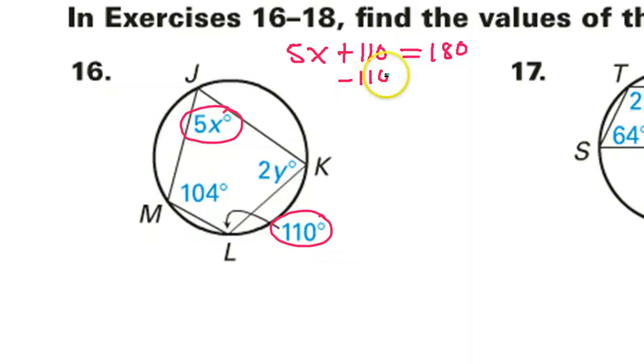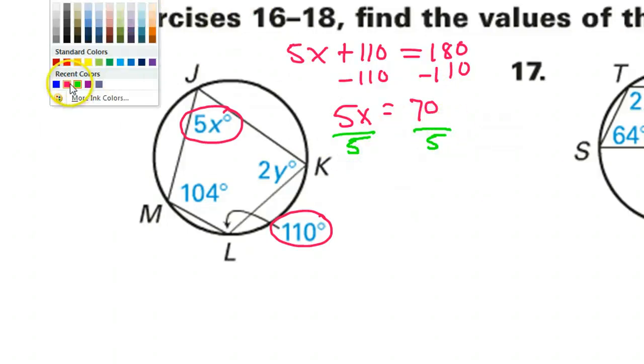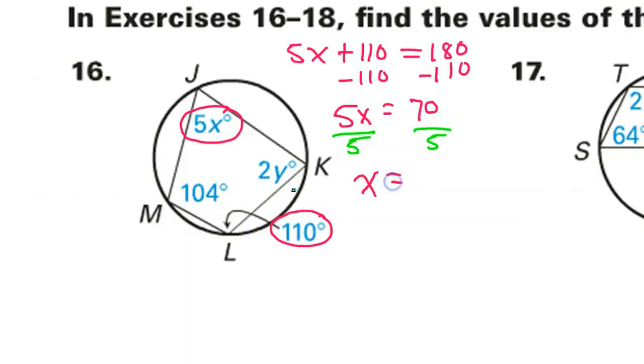I'm going to subtract 110 from both sides. That gives me 5x is equal to 70. Then I'm going to divide both sides by 5. So x equals 14. So that's one of the variables.